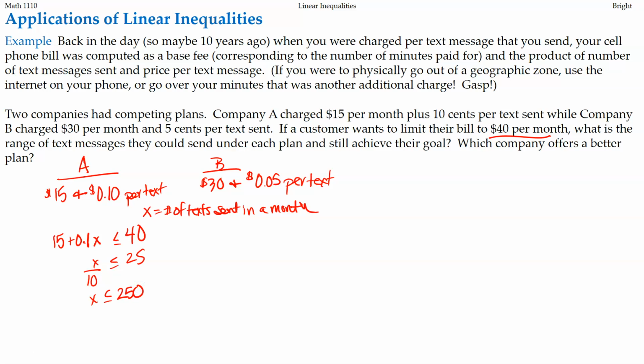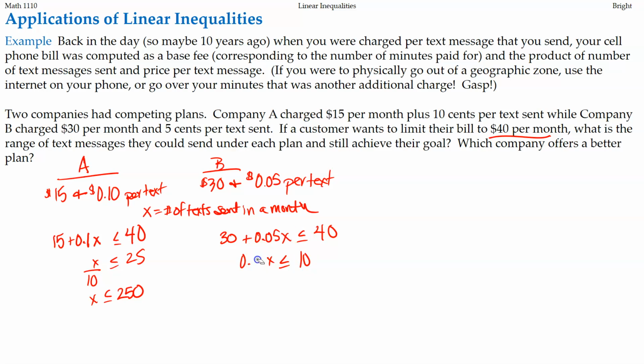Versus in plan B, we have 30 plus 0.05x is less than or equal to 40. Again, the base fee plus some number of texts has to be less than or equal to $40. Subtract 30, and 0.05x is less than or equal to 10.